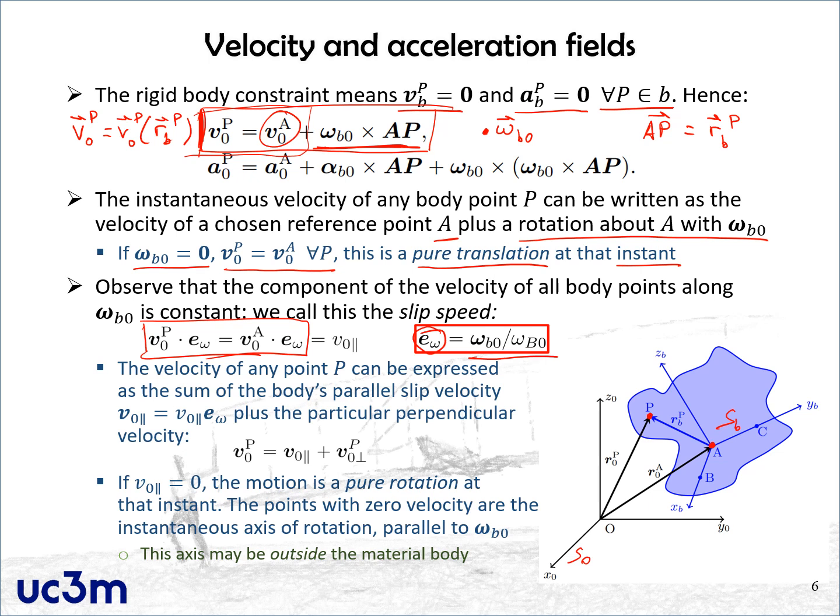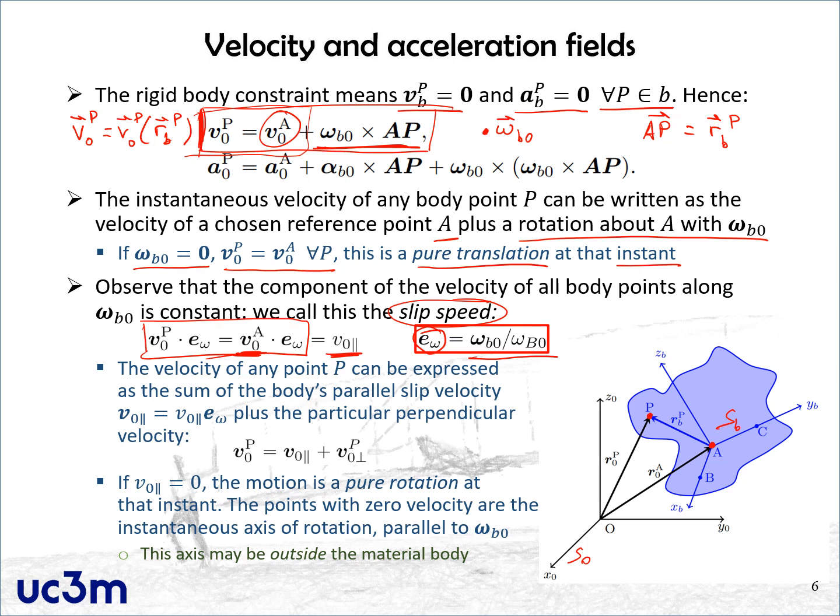So this is what we call the projection of the velocity of point P and point A in the direction of the angular velocity vector. And from this equation, we can see that whatever the point P is, the component of the velocity of P in this direction is always the same. It's the same as the velocity of A projected in this direction. We will call this component V parallel, and we will call this component the slip speed, or the parallel speed.